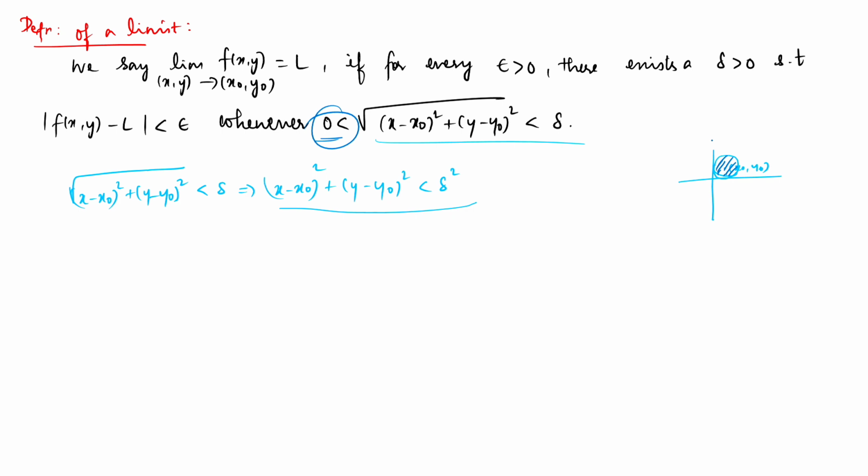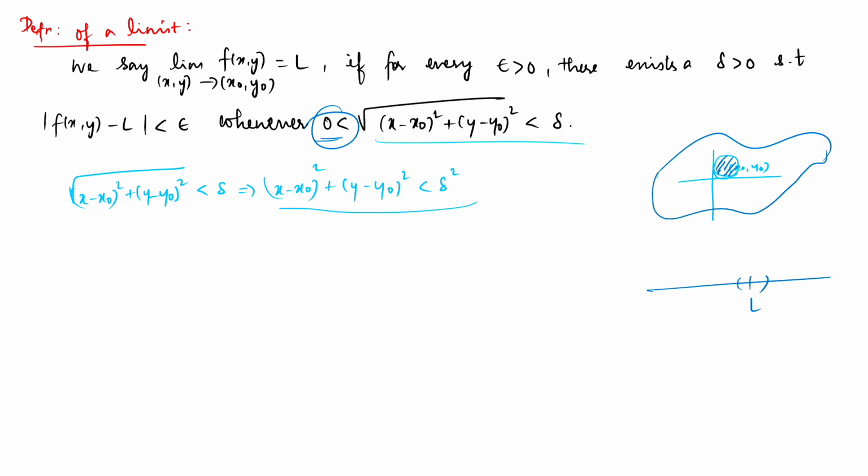Suppose this is your domain, in the sense you are identifying some disk like this, and where is your L? It is somewhere here. So around this L, you can have the epsilon neighborhood. Hope you remember the definition of a limit in the one variable setup; I have shown you the diagram: whatever you have on the x-axis, the corresponding error area on the y-axis.